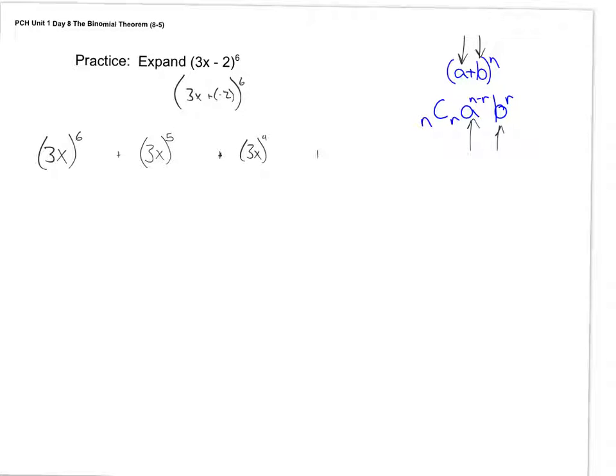And so on. Remember, we're just counting down. This term will have 3x to the 3rd. This term will have a 3x squared. And then this term will have a 3x to the 1st. And then my final term isn't going to have a 3x at all.